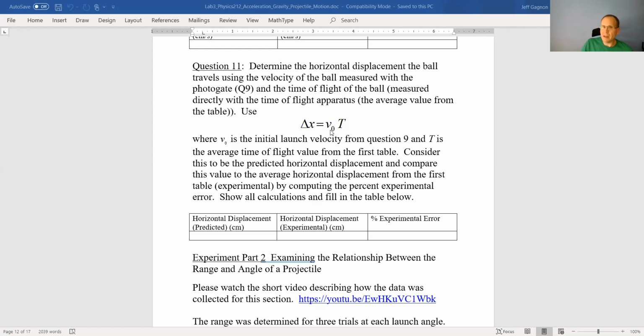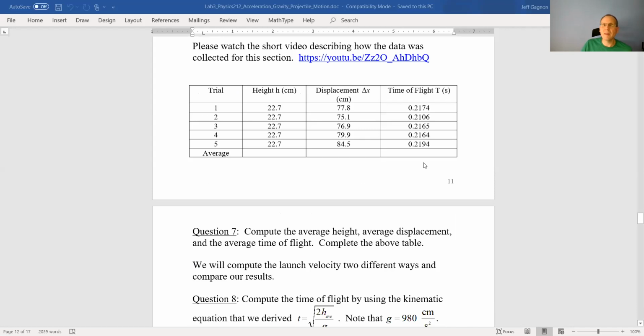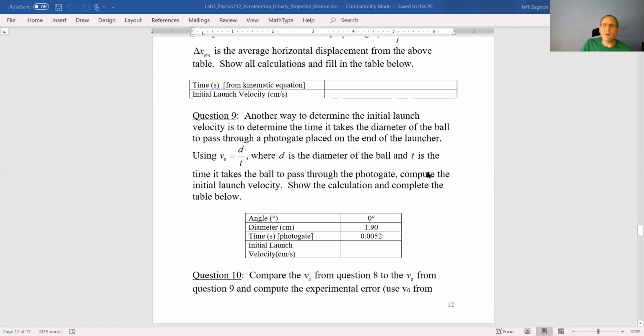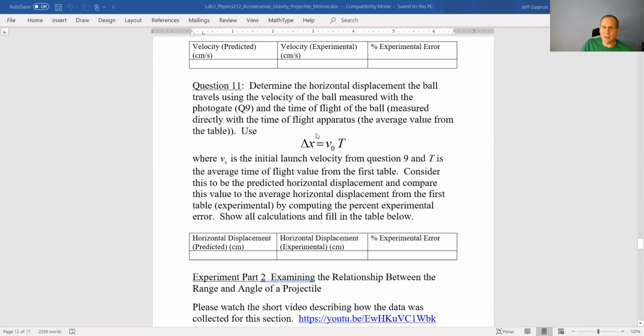So the V0 is whatever you got from question 9, and the T is the average time of flight from the table here. And that will give you a horizontal displacement. We'll call that our predicted horizontal displacement.